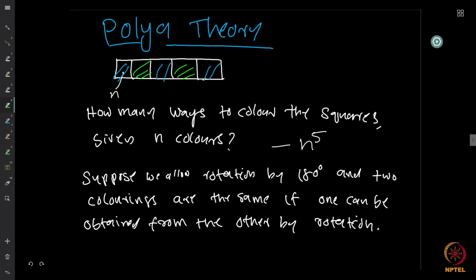We see that if I have n raised to 5 colorings in total, if I reflect them, I will get a set of colorings, and these colorings are equivalent. Like if I take any coloring, its reflection is also equivalent. So maybe I can try to divide by 2, but then there is a problem.